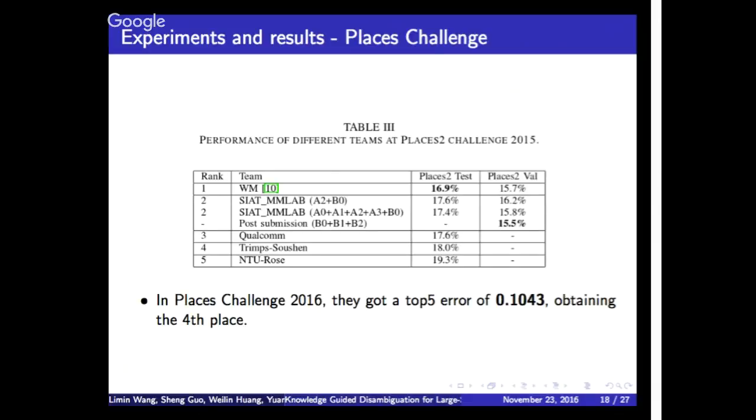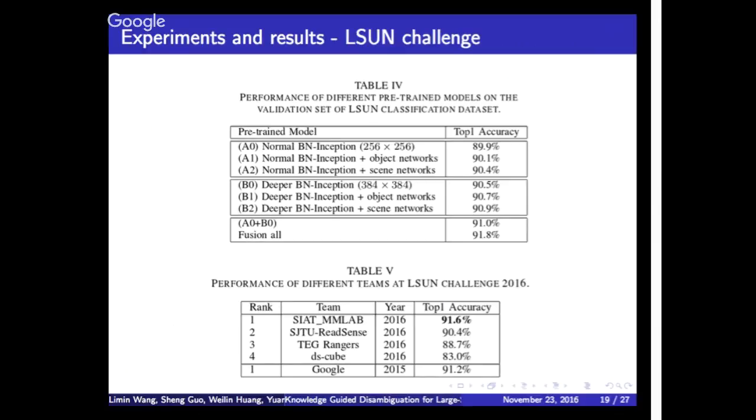They also ran for the Places challenge. They got second place last year, and they got a better result after the submission. This year, they improved the result further. I guess they made some changes too, but they didn't bother to explain them in detail. They got a better result, but still a worse classification; they are in 4th place. Also, they ran for the LSUN challenge.